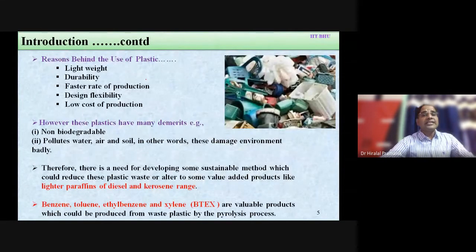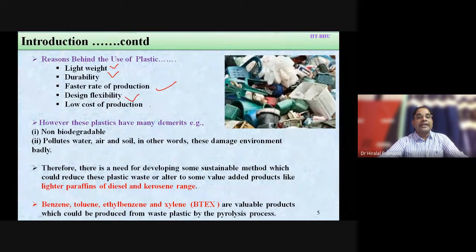Now, the reasons behind the use of plastics: lightweight, durability, faster rate of production, design flexibility, and low cost of production. I'm not going into detail on these. However, these plastics have many demerits. They are non-biodegradable, and pollute water, air, and soil. In other words, they damage the environment badly. Let's say plastic means a polyethylene carry bag.